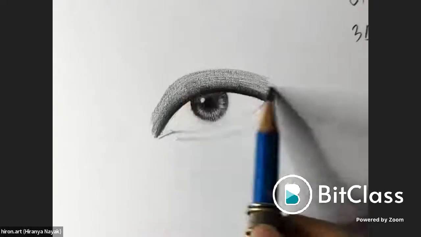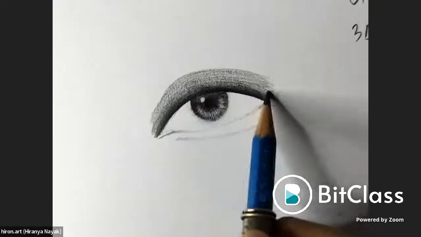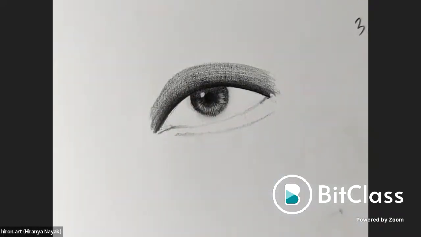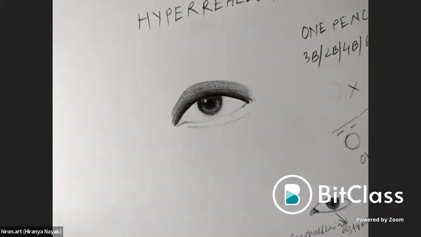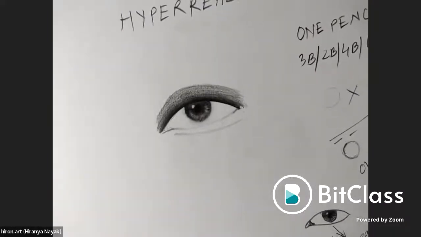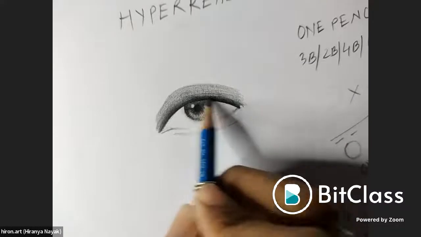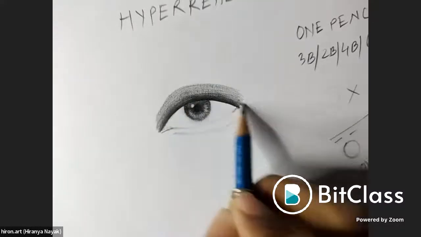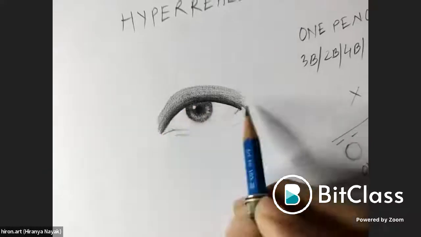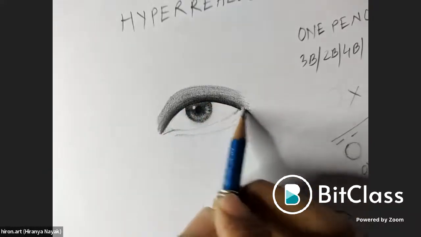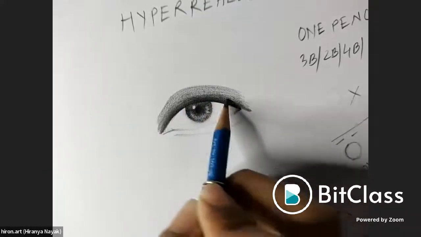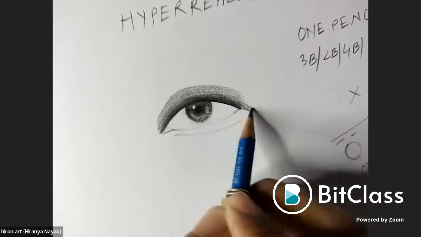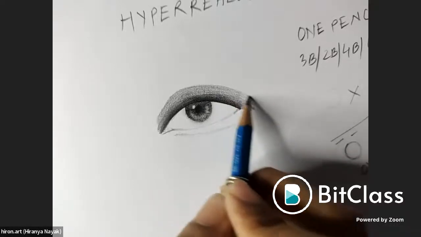Okay, so this way I can cover the whole part. Okay, let me just, yeah, हम लोग क्या करेंगे, इसको कवर करेंगे कुछ इस तरीके से, and you will go a little on this side as well. That's it.